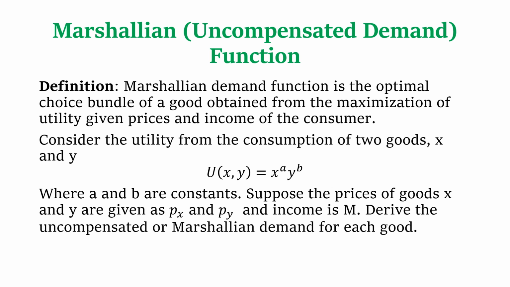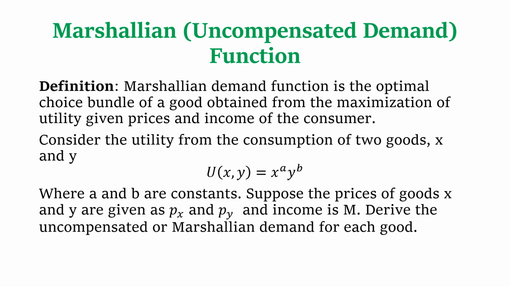Now, let's take, for example, we have a utility function given as u of x, y equals x to the a, y to the b. Now, this is a typical Cobb-Douglas utility function. Now, a and b are constants, and then we have the price of goods x and y, px, py, and the income is m. Now, we are asked to derive the uncompensated demand function for each good.